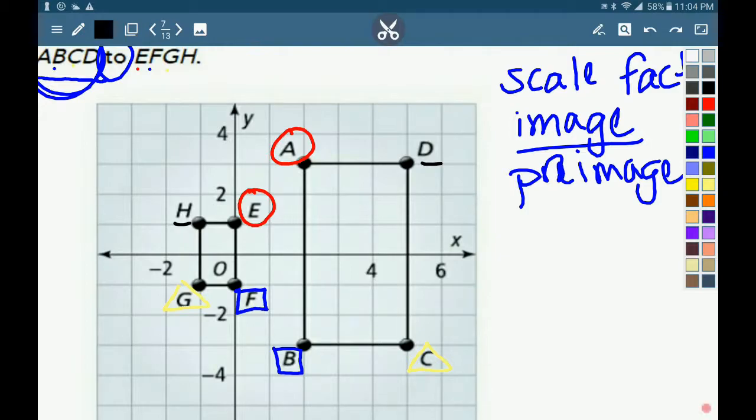H corresponds to D. So right now, with the shapes and the colors kind of trying to tell me how I'm supposed to orient this, it kind of looks like it needs to flip. It needs to reflect over some sort of vertical line. So I'm going to reflect A, B, C, D, let's say over the y-axis.